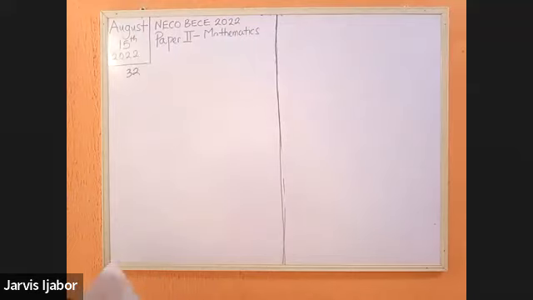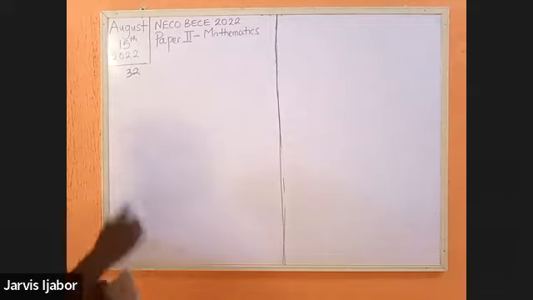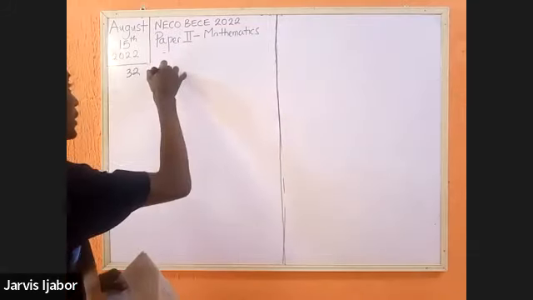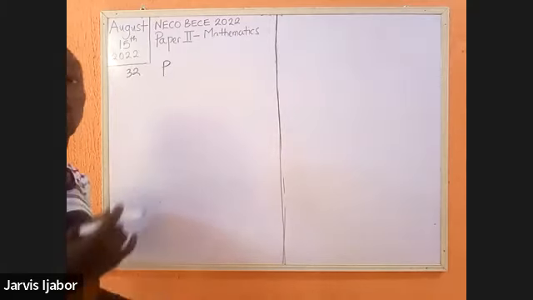All right, so let's look at question 32. Question 32 is testing your knowledge of direct variation, or rather, joint variation.